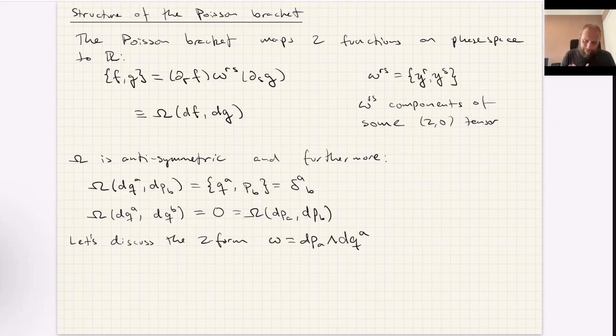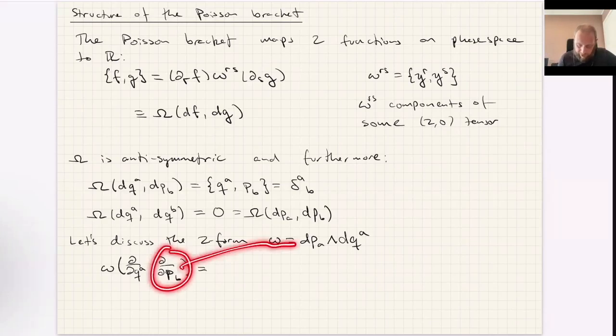So this means that omega, being a two form, takes two tangent vectors as its argument. So two tangent vectors on phase space. Well, for example, I can take the ∂/∂q^a and the ∂/∂p_b, right? Now, by definition, I just insert them here. Let's write this out.